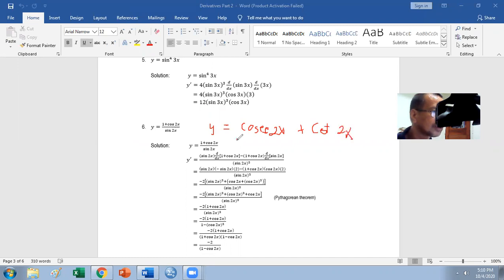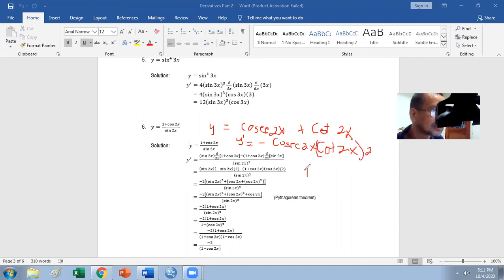So I can now get the derivative. The derivative of cosecant 2x is negative cosecant 2x cotangent 2x times the derivative of 2x, which is times 2.